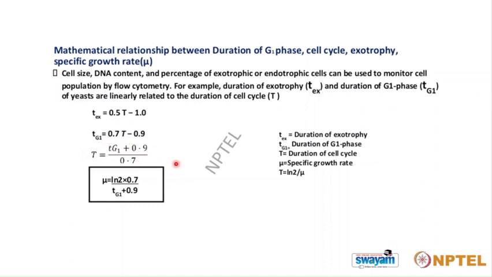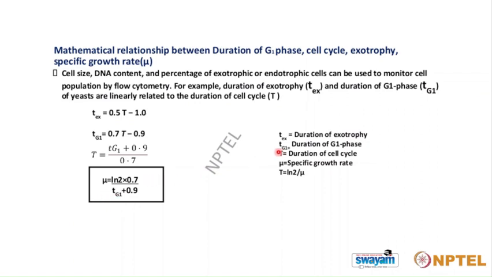If we equate this expression with the already mentioned expression here, we'll get growth rate mu is equal to ln 2 into 0.7 divided by Tg1, the duration of G1 phase, plus 0.9. This is the ultimate equation or mathematical correlation we can use for the determination of specific growth rate.